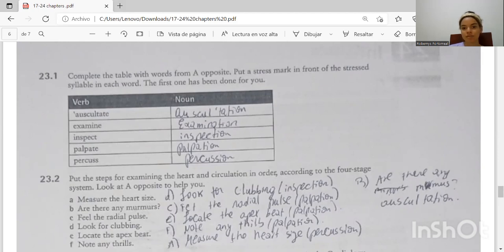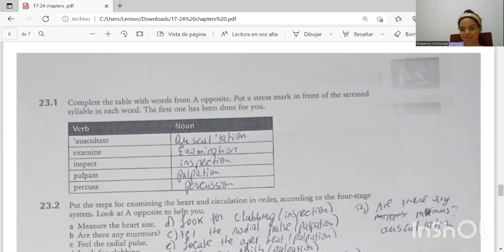The first one has been done for you. Verb, noun. Auscultate, auscultation. Examine, examination. Inspect, inspection. Palpate, palpation. Percuss, percussion.